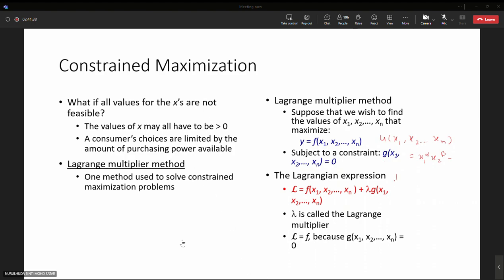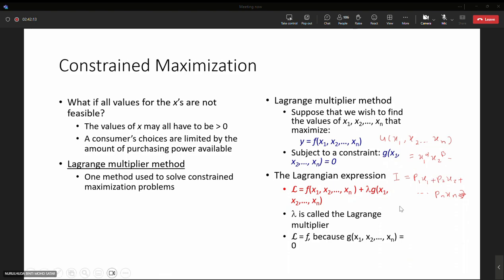So we have the income of the consumer, and that's going to be I equals P1 X1 plus P2 X2, and so on until N. Of course, this is a common constraint that we will see a lot of times when we are examining individuals' behavior.